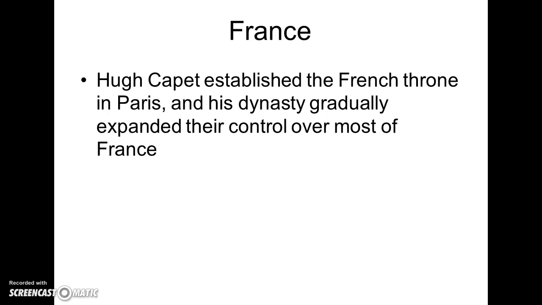So Hugh Capet, who you have already met earlier in our class, is going to be the guy who makes Paris the capital of France. And his descendants, not his ancestors, are going to gradually increase the land they control until, as your map that you have in your packet shows you, they have control of most of what today is France.